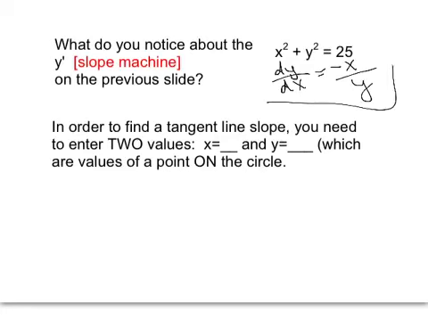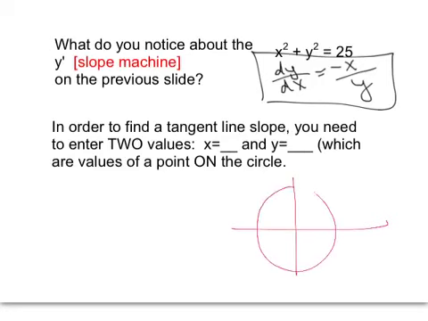So what do you notice about this derivative that's different than what we were doing before? What's different is the derivative is not just a function of x. It actually is also a function of y. So you have to know the entire coordinate, the x and the y, to find the tangent. And we talked about that.